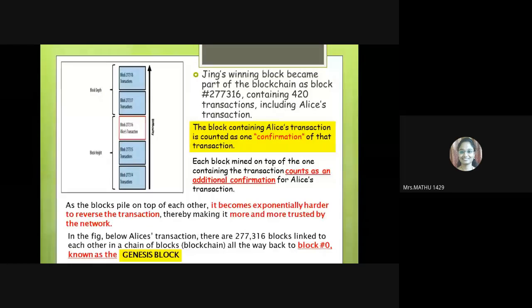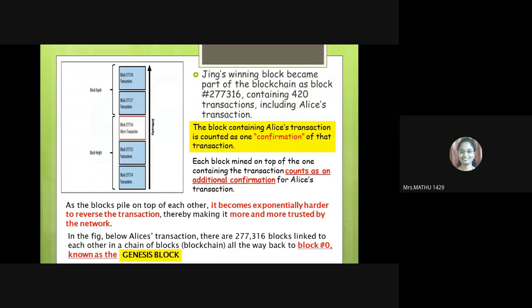Whenever a block keeps piling up on the blockchain, it is actually verifying or confirming the previous blocks also. Each block mined on top of the one containing the transaction counts as an additional confirmation. So now block 317 is again confirming Alice's transaction, and when 318 comes, it confirms again.